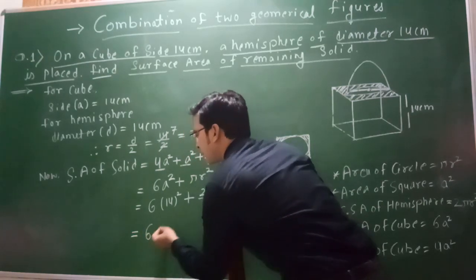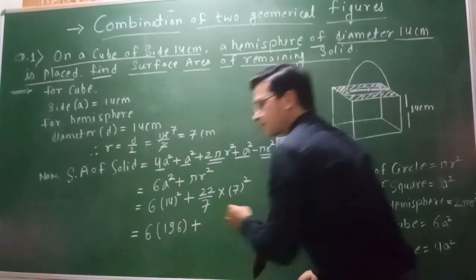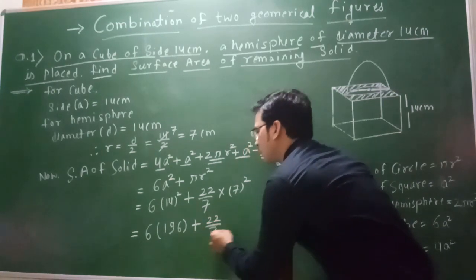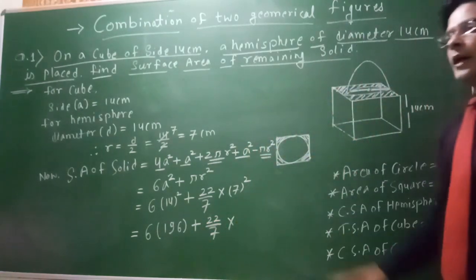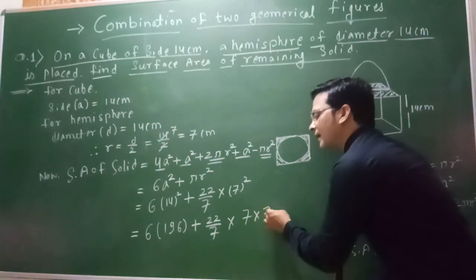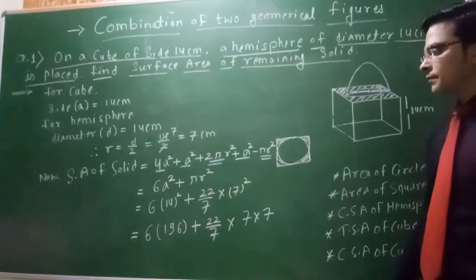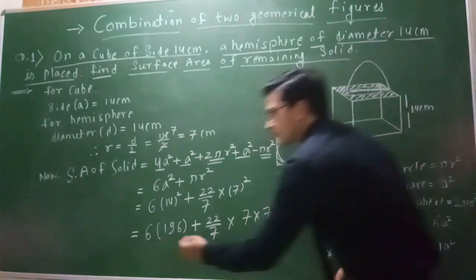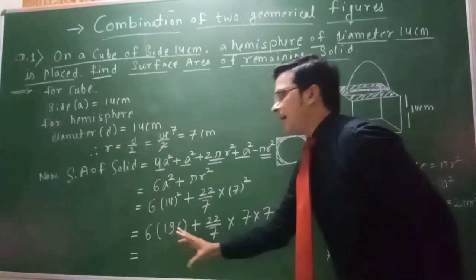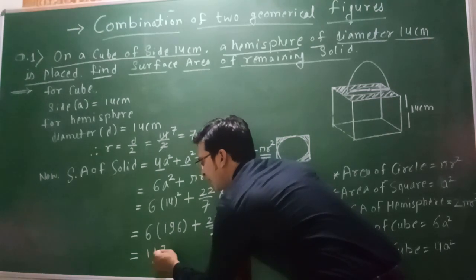Equal to 6 times the square of 14, which is 196, plus 22 by 7 as it is, into 7 square. 7 square we can write as 7 into 7. Is that clear? After this, we have to simplify. Now we multiply 6 by 196, which gives us 1176.